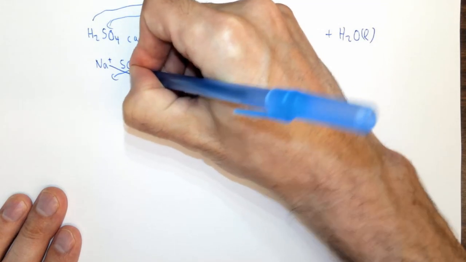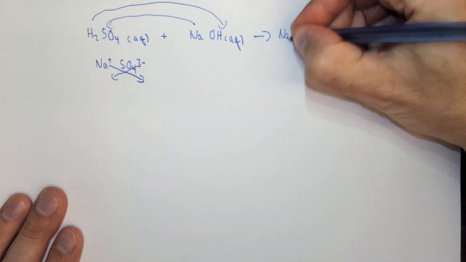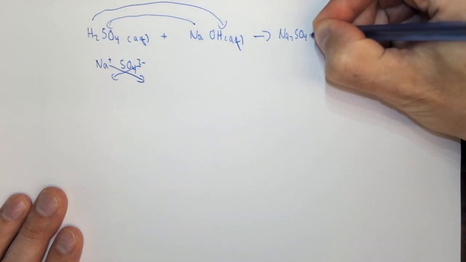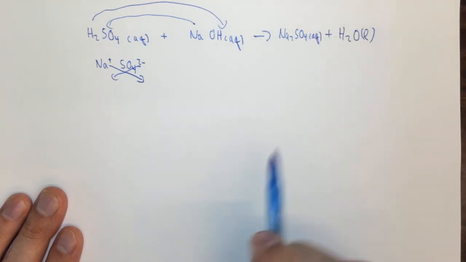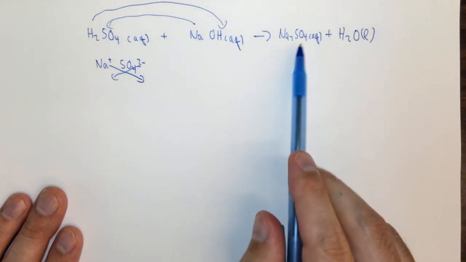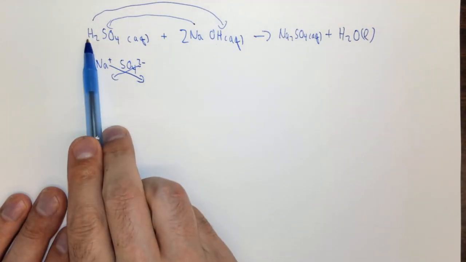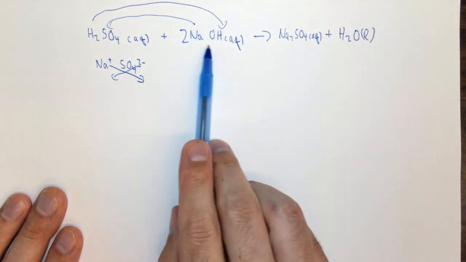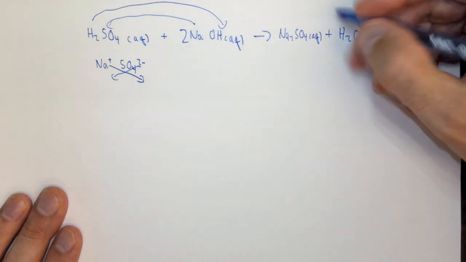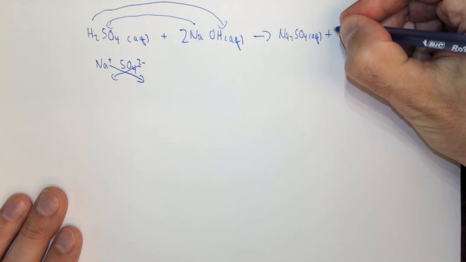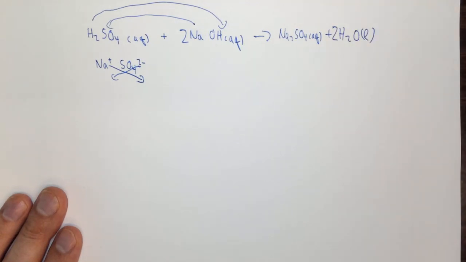Cross them, and you get Na2SO4, aqueous. Note that we have 2 sodiums here, so we need 2 NaOHs. If we have 2 H's, because this is H2SO4, and 2 OHs, and each H and OH forms water, we'll have 2 waters.